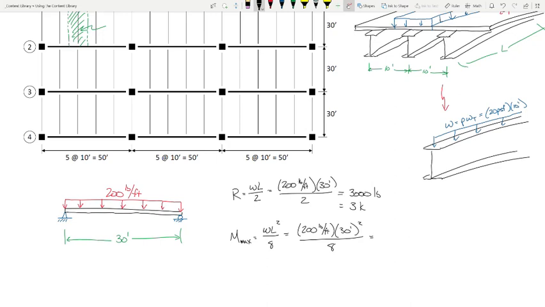What do we got? It's a big number. 20,500. Now, what are the units? Pound-foot. There you go. 22.5 foot-kips.